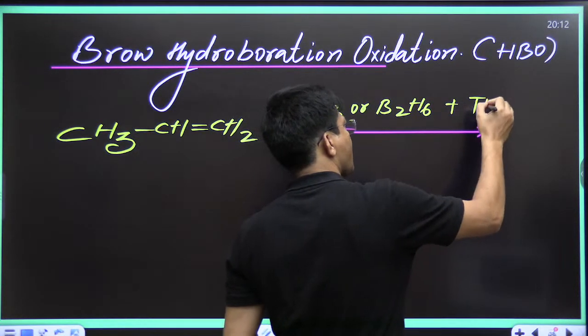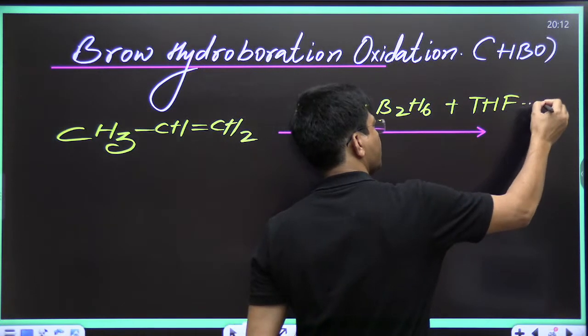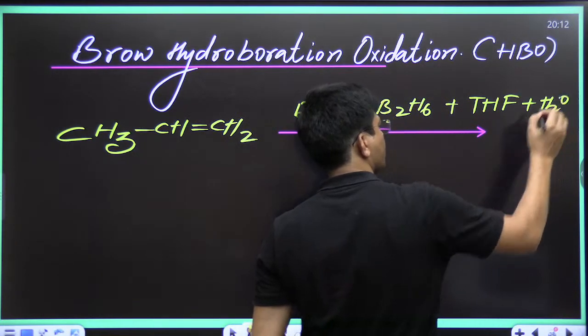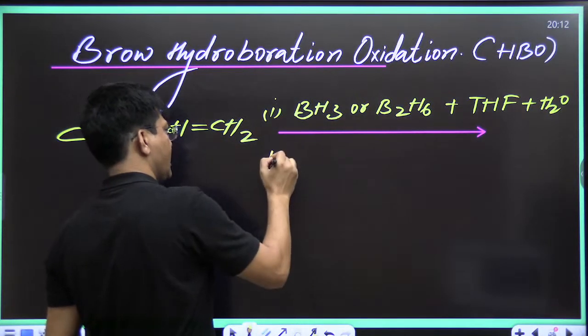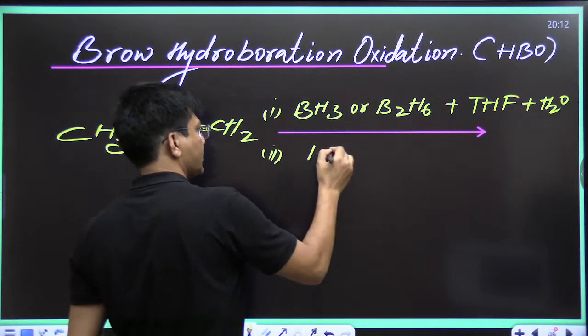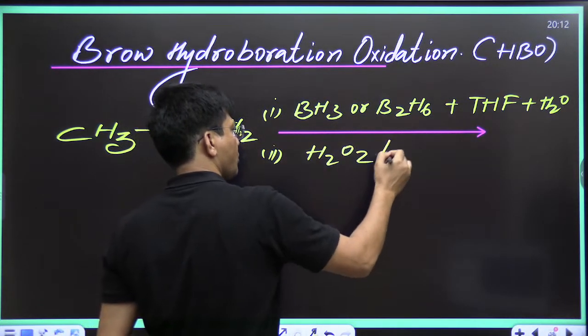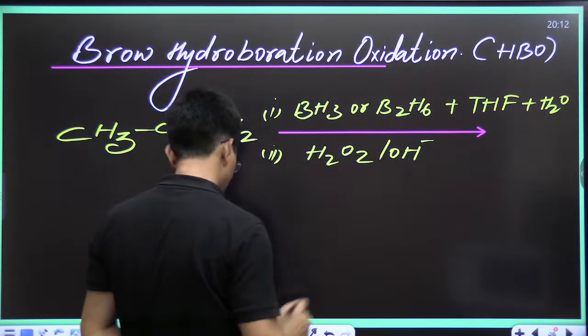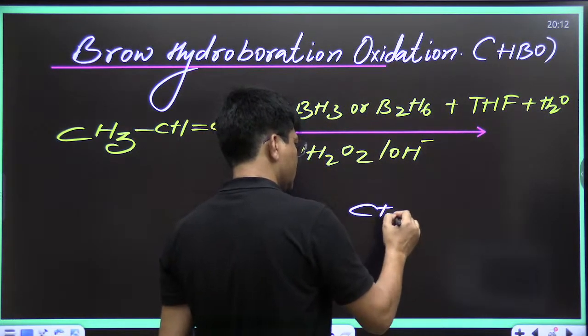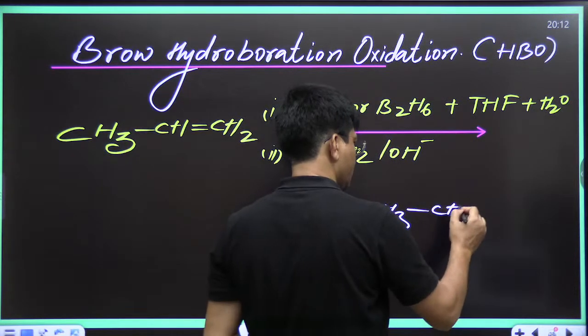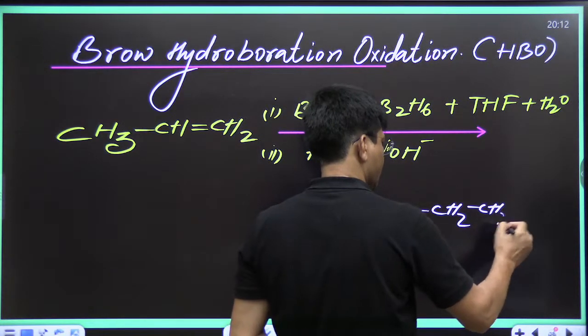THF is tetrahydrofuran solvent plus H2O. Once this has reacted, then you are supposed to use H2O2, OH negative. A pure alcohol you will get. That is following anti-Markovnikov's rule: CH3, CH2, CH2OH.